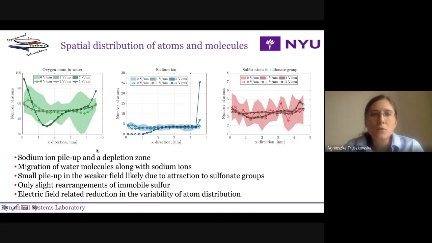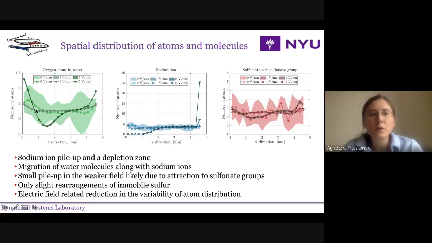So what we see here is a clear sodium pileup, an increase of the number of sodium atoms, and we also managed to capture the depletion zone where there are no sodium ions present anymore. For the highest electric field, we can also see that the water concentration changes proportionally to the sodium concentration.